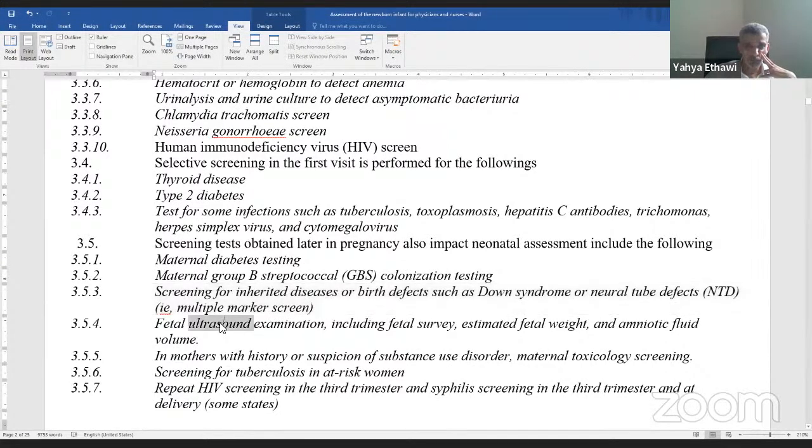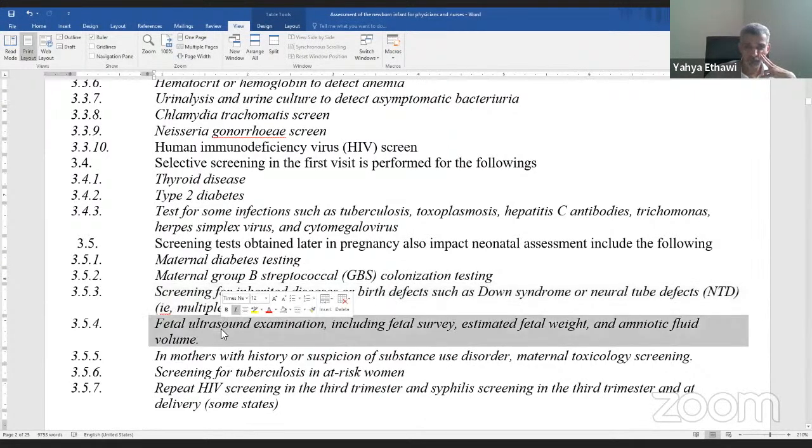So we need to know the importance of the fetal ultrasound list. Most important is Doppler, amniotic fluid, expected weight, and malformation. So these are very important to remember when you read the ultrasound. For abnormalities, we have, for example, nuchal echogenicity, screening for neural tube defects, screening for imperforate anus, screening for congenital heart disease.